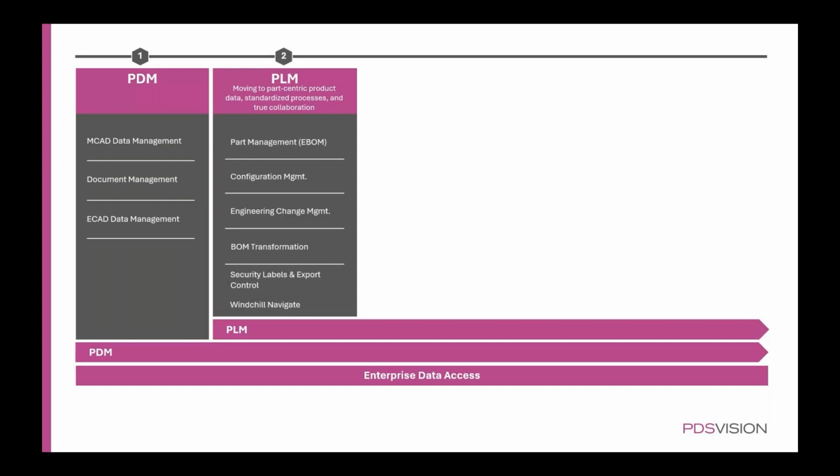Next then would be to move into more of these PLM processes that we've covered today. So getting your engineering bill of materials up and running, maybe looking at some configuration or engineering change management, BOM transformation, converting from engineering bill of materials through into a manufacturing BOM or a service bill of materials. There was a couple of other extra bits at the bottom there that we haven't talked about: security labels.